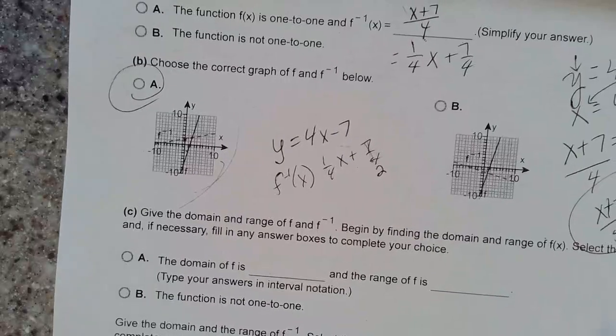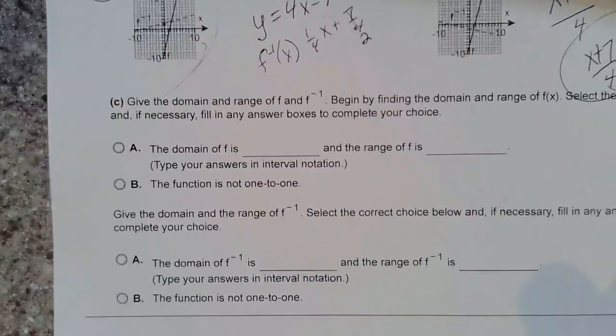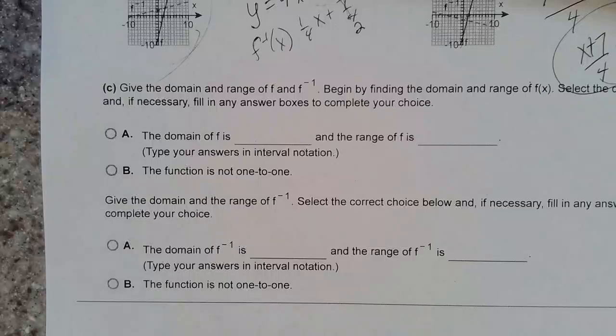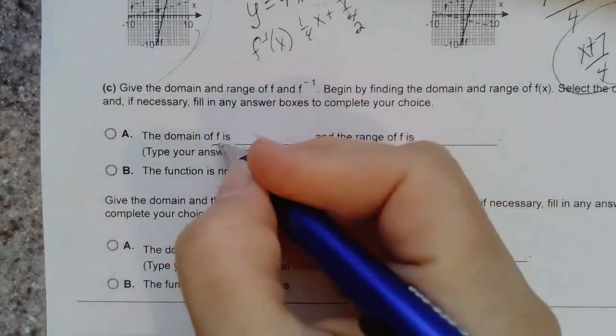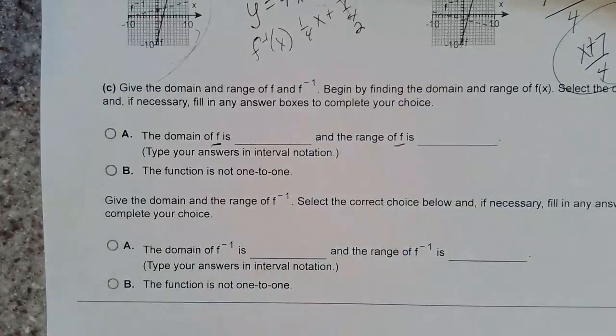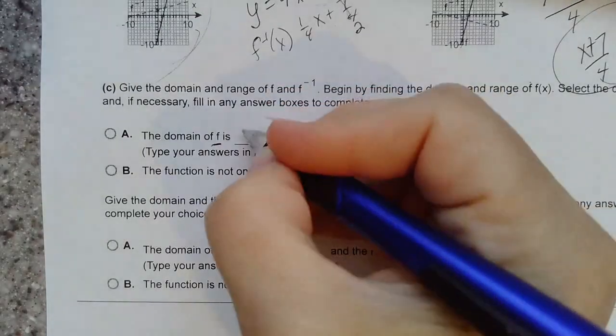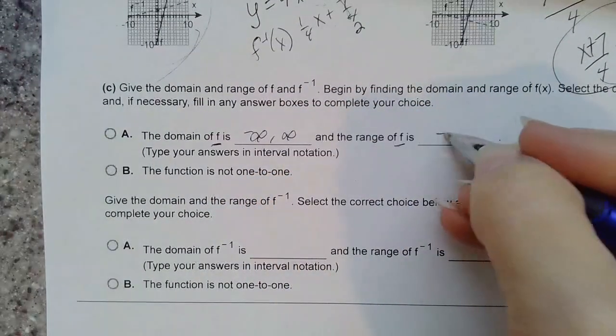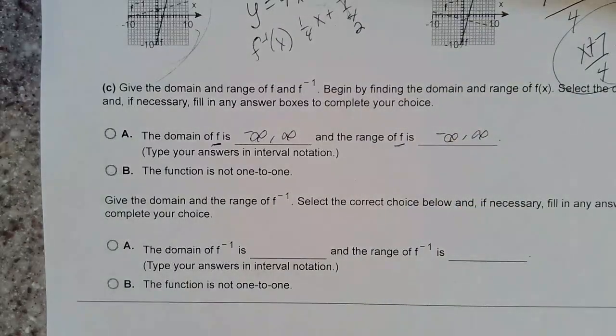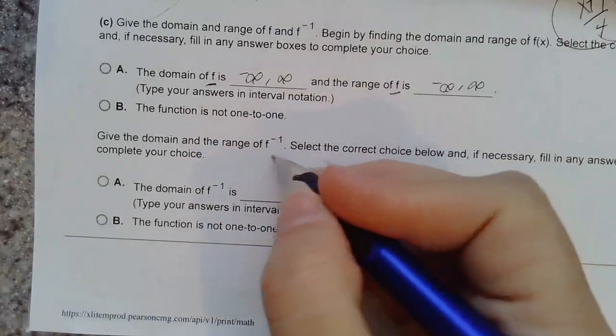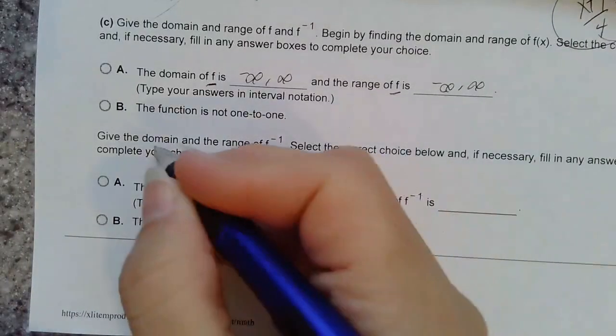Then it asks me about the domain and range. The domain and range of the original function, right? Regular f, that's the original 4x minus 7. Well, those were lines, that friendly line, so negative infinity to infinity is the domain and range. Now the last part of this question asks to find the domain and range of the inverse. So the inverse, I'll switch those, right?